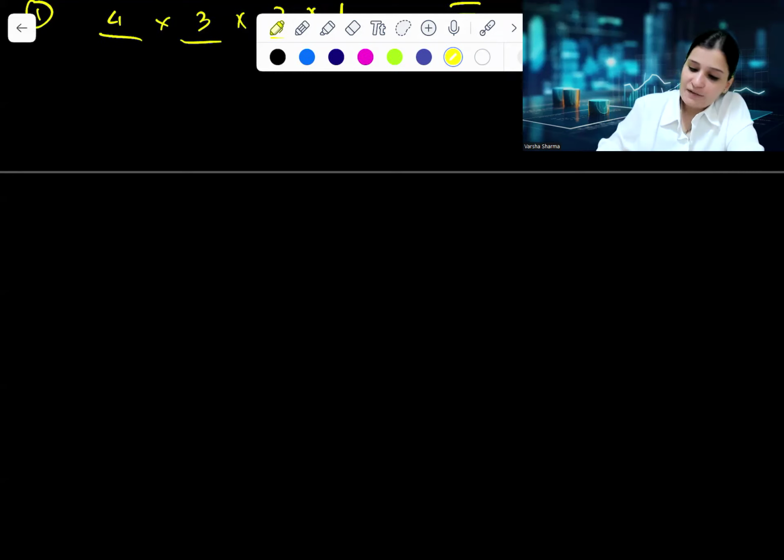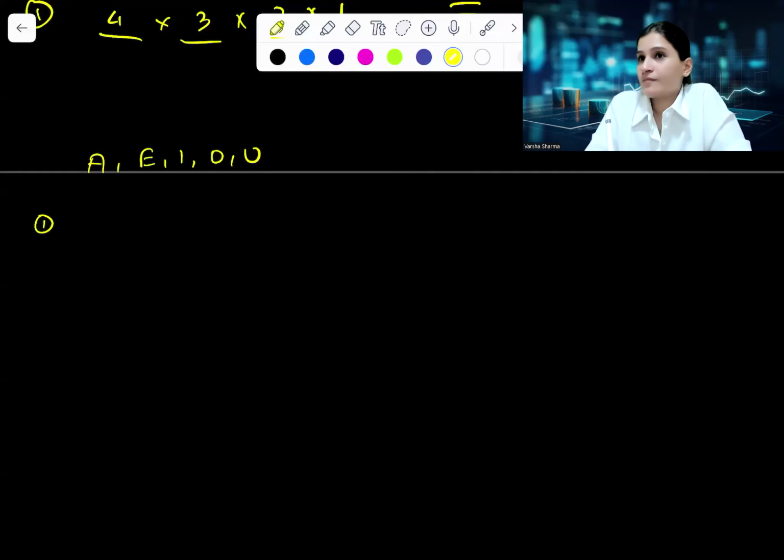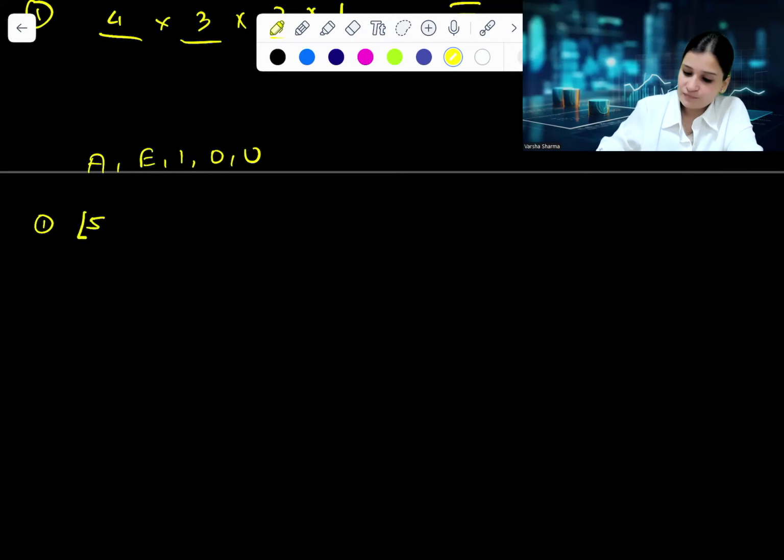Suppose I have all the five vowels with me. Form a word means form a five-letter word. So five letters are already there, no selection involved. The only thing involved is arrangement. So how can these five letters be arranged? 5 factorial.